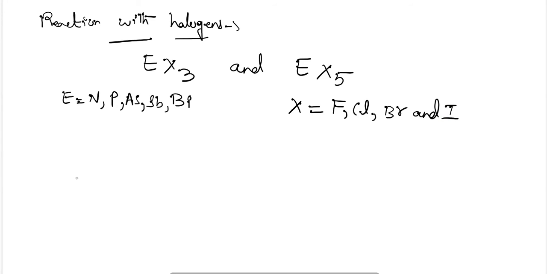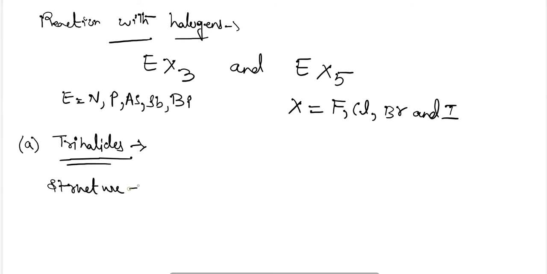So the trihalides which are formed by the group 15 elements, means the general formula EX3. Let's talk about the chemistry of these trihalides. First let's discuss the structure of the trihalides. The structure of the trihalides is tetrahedral.